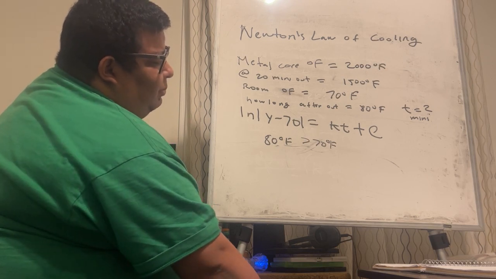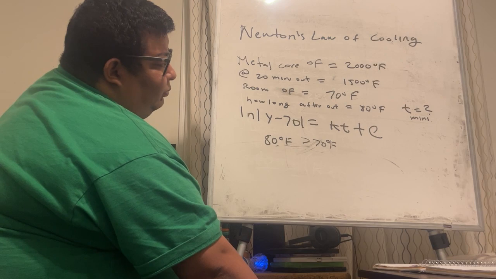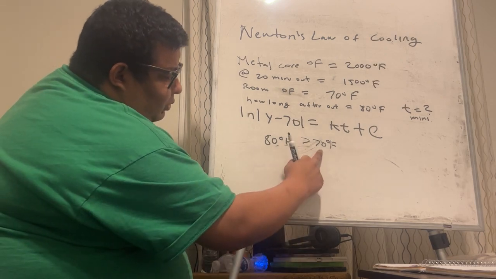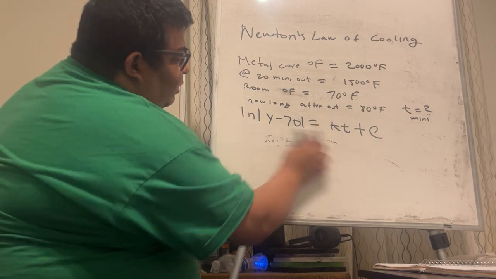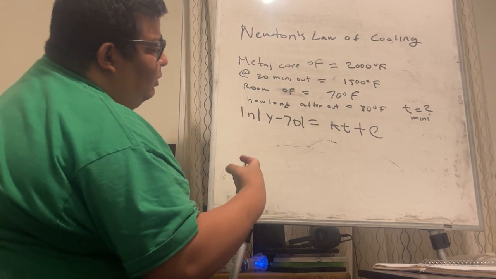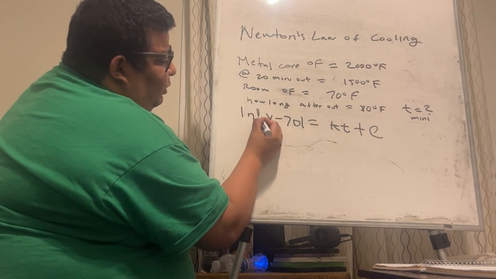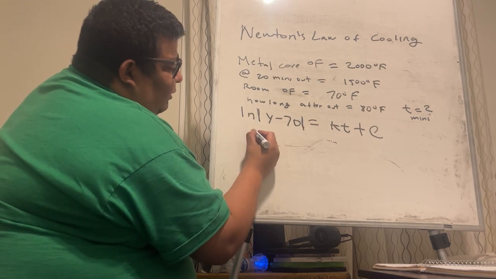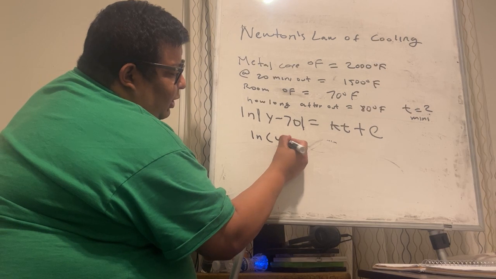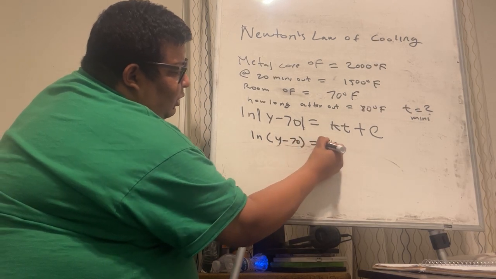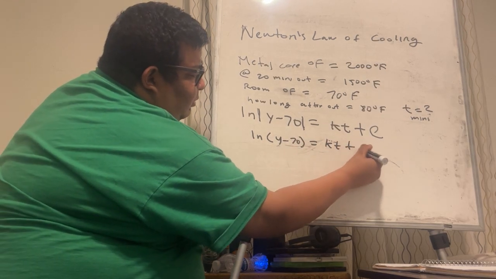So we can get rid of these absolute values, and we have ln of y minus 70 equal to kt plus c.